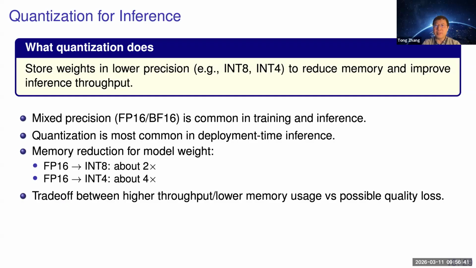Of course, there is a quality loss, but people observe that if you use a large model with int 4 versus a smaller model with, say, FP16, usually the larger model with int 4 performs better than the smaller model with FP16. So essentially, the number of parameters matters more than the quantization loss, right? So for the performance trade-off, a lot of people tend to use int 8 or int 4.